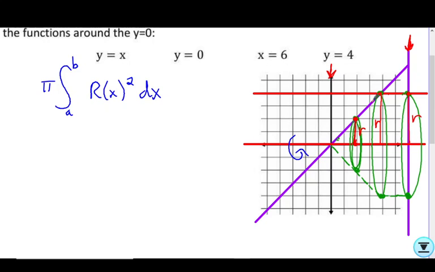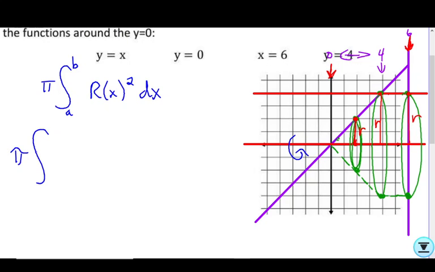So just like we did with bounded area, if our top function changes, we have to split our integral up into two pieces. So technically, I have two equations that I'm going to be using. This one starts at 0 and goes to 4, so this is going to be one integral, and then I'm going to have another one from 4 to 6. So that's the way I'm going to set it up.